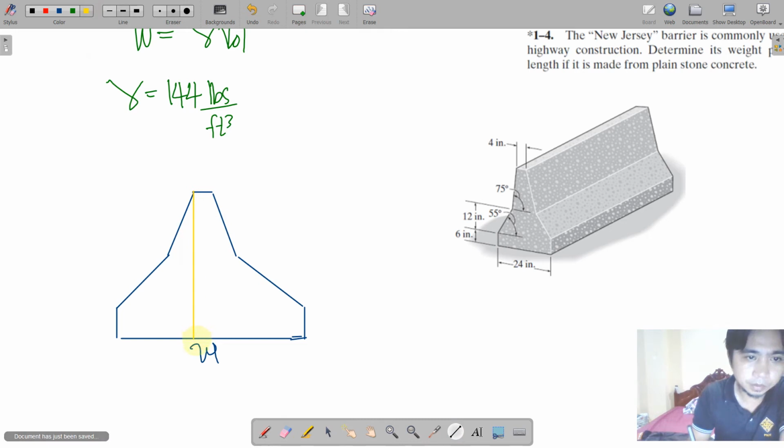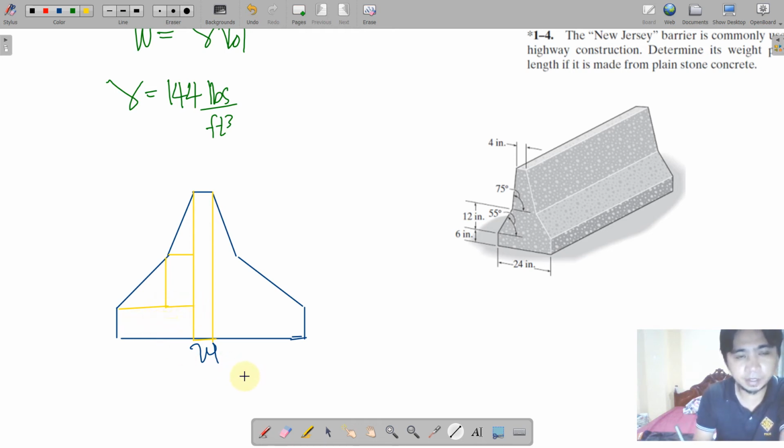First, let us have here a rectangular area, and a triangular area here. We have another triangular area there, and a rectangular area again, and a rectangular area.